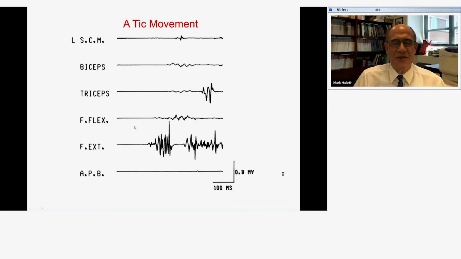And many patients, of course, will say that they're making a voluntary quick movement in order to deal with the sensory pressure that is building up in them. And indeed, many of the movements do look like voluntary movements, such as what you see here.